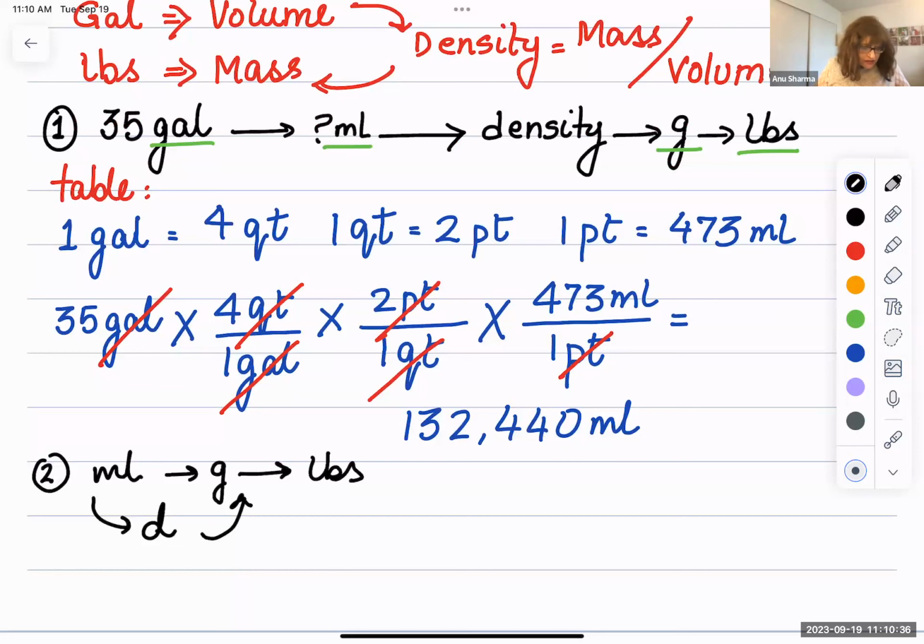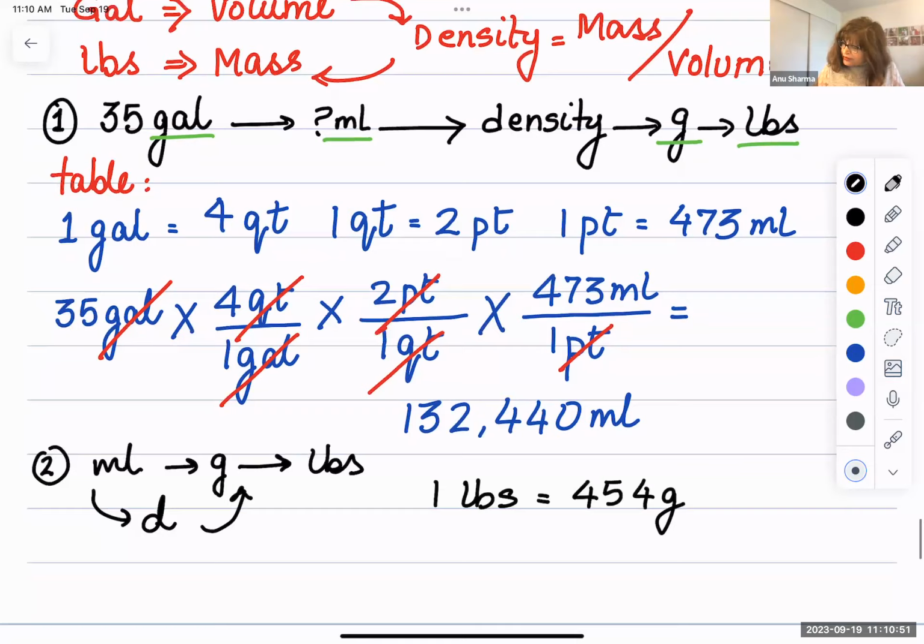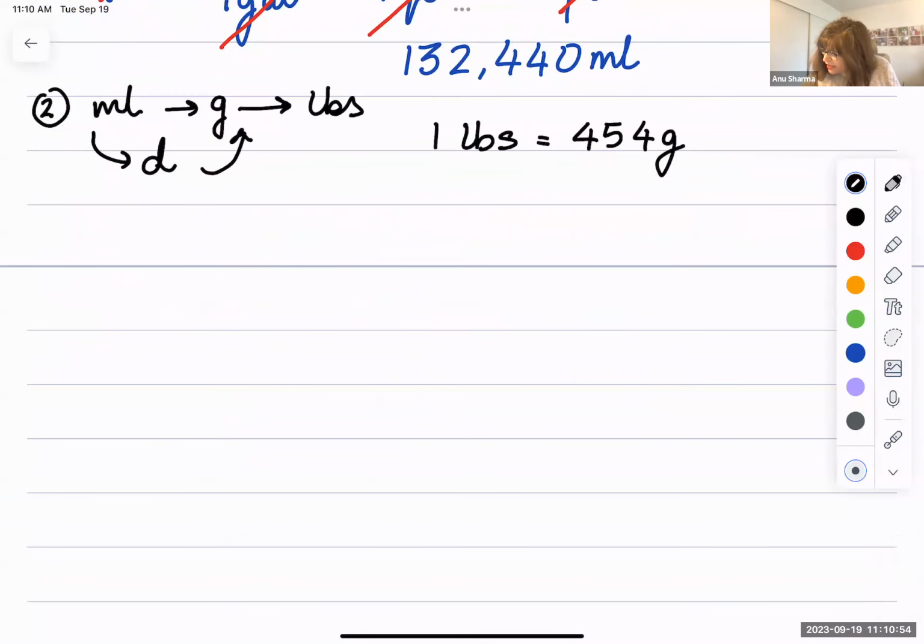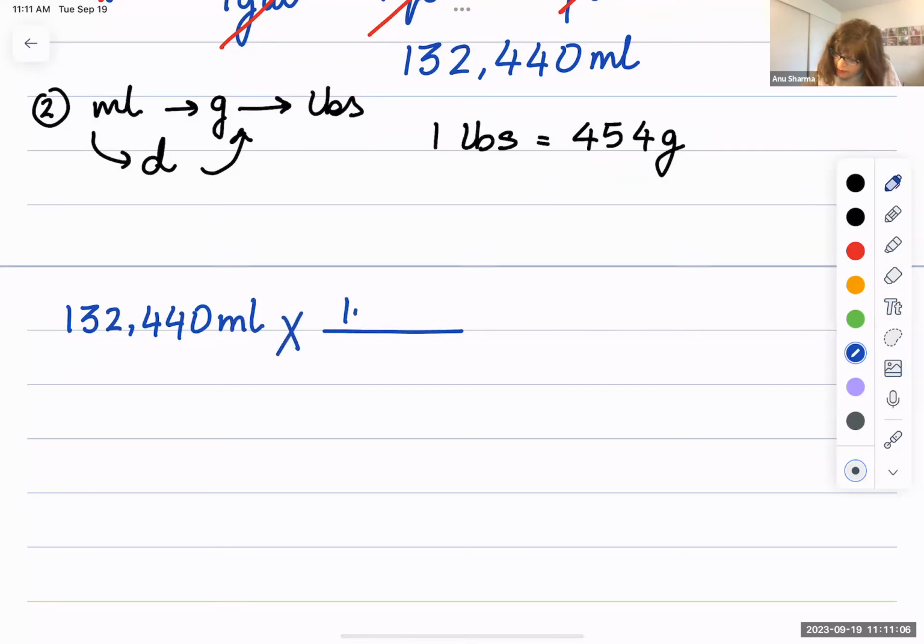Let's look at the relationship between grams and pounds. We know that 1 pound is equal to 454 grams. So let's do this now: 132,440 milliliters times the density, 1.00 grams over 1 milliliter.